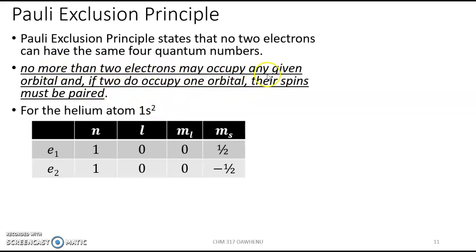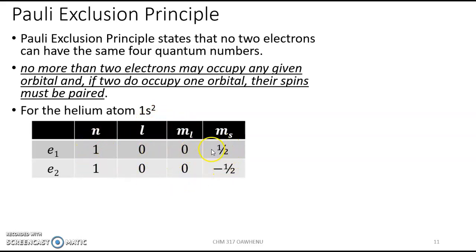If we consider the helium atom, it has 2 electrons, electron 1 and electron 2. The principal quantum number n, since they are both in the ground state, is 1 for both of them. They are both in 1s2. L for s is 0, and the same for m sub l, that's 0 and 0.